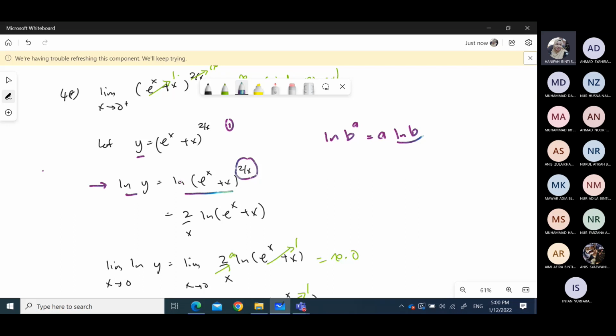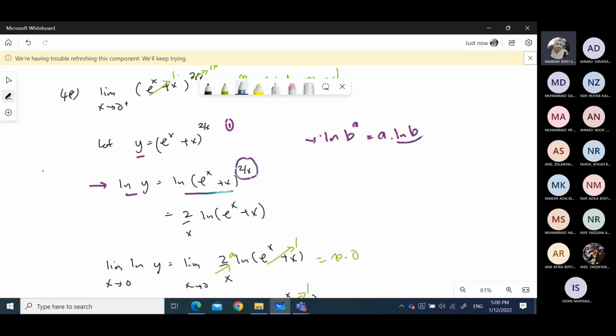So, based on logarithmic law, ataupun hukum ln, bila kita ada natural log b to the power of a, so it is equivalent with a times natural log of b.